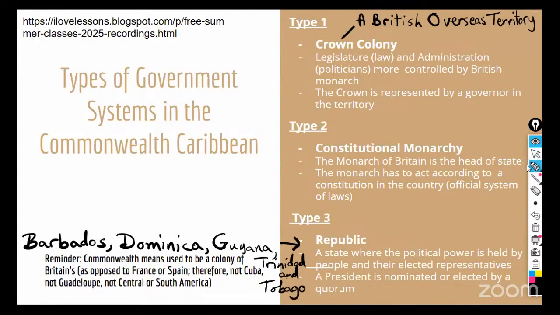All right, I'm going to write some and y'all are going to tell me the rest. So we're not considering countries like Venezuela because they are not part of the Commonwealth. Okay, so Anguilla. Should I put this in a different color?